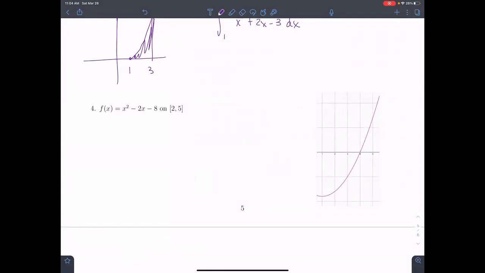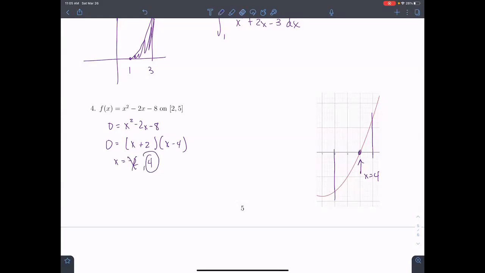So we're looking from 2 to 5, and this breaks up here at x equals 4. If you wanted to figure that out without a graph, you would factor this: x minus 4, x plus 2. So that would be x equals -2 and +4. We don't care about the -2. We care about that 4.